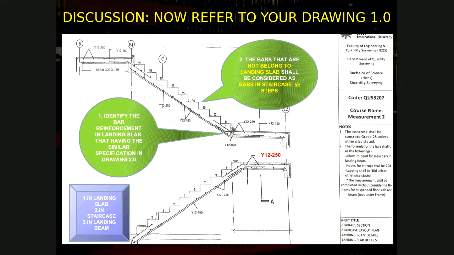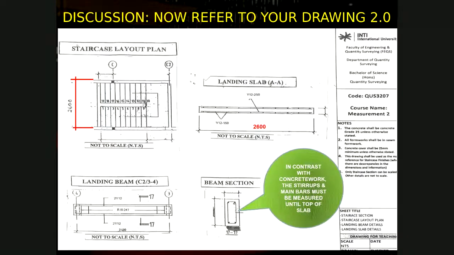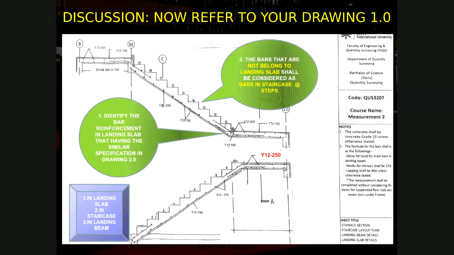Is it similar, class? Can you see that? So in this case, okay, I highlight again the green color. This one is A or B? Y12 250. This one is A or B.